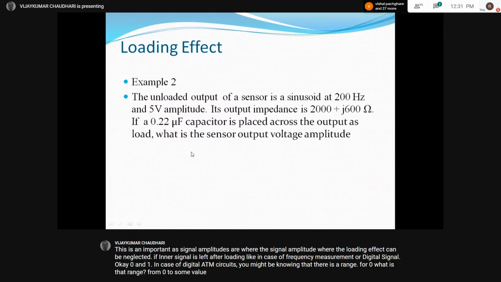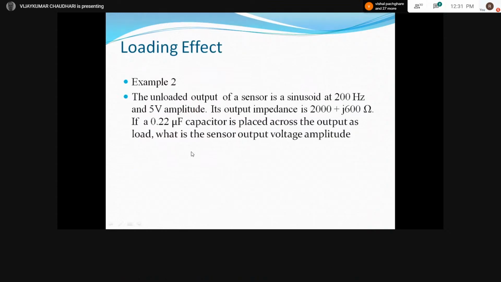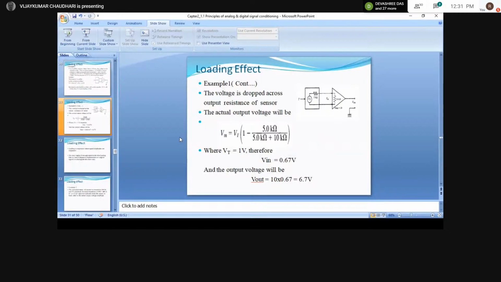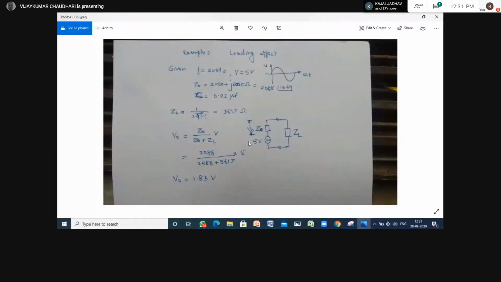So how to solve this? Let's have this image. Is it visible? Yes, sir. So what is given?